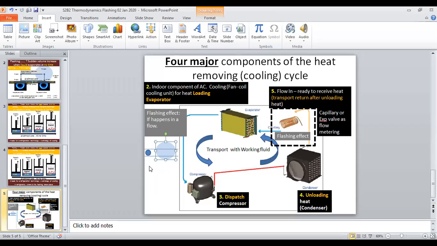What happens if this flashing effect takes place? Of course, it has to follow the pipe shape.